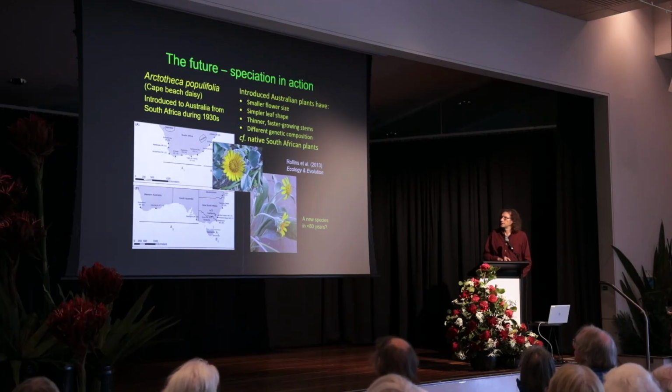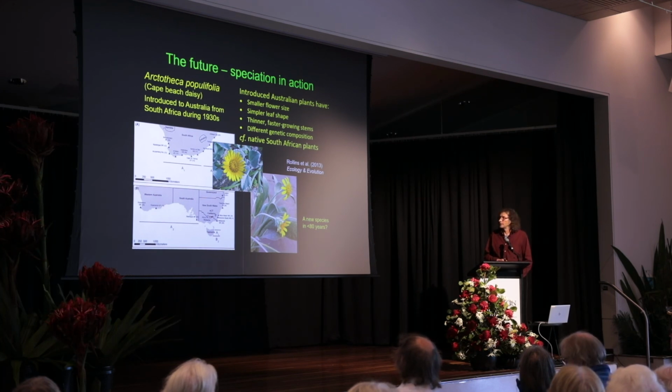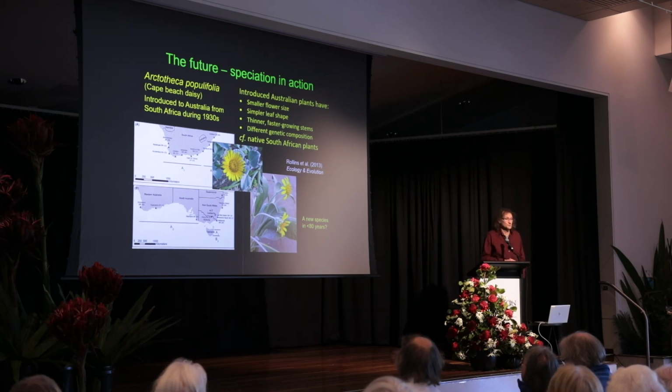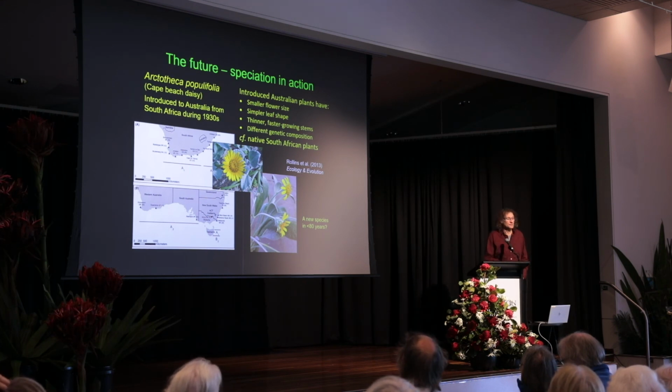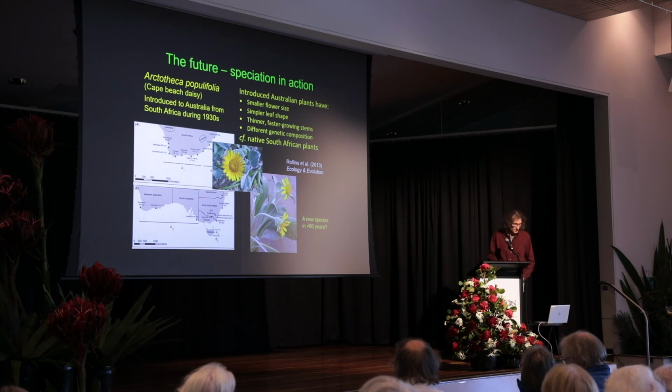And there's now pretty strong evidence that both genetically and morphologically, the populations in Australia are really quite different to those from which they originated in Southern Africa. So we're getting very close to the point where we've got a new species in Australia in the space of less than 80 years. So if they can do it, then maybe some other members of the Australian flora can do it too as the climate changes.